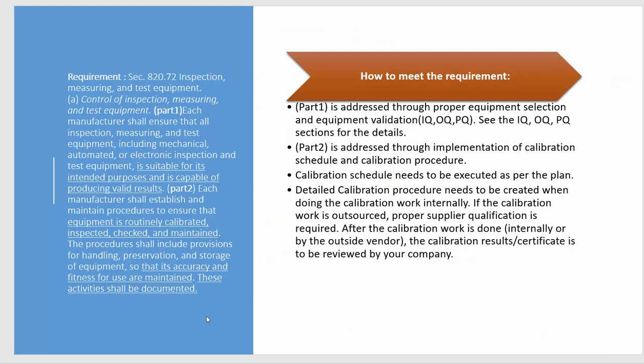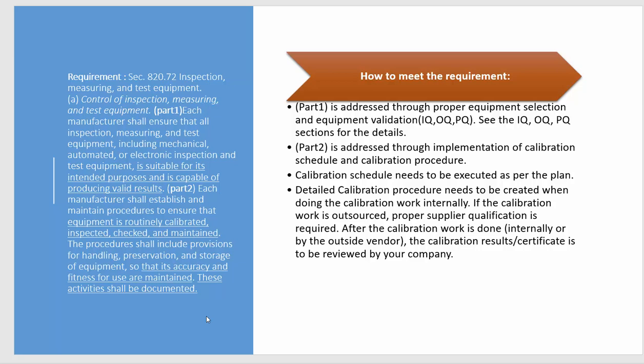So let's go into more detail on the individual sections. We divide the control of inspection, measuring, and test equipment into two parts. The first part is the selection of the equipment, which is similar to the production and process requirements. I won't go into the details, but this is usually handled using IQ, OQ, and PQ requirements.